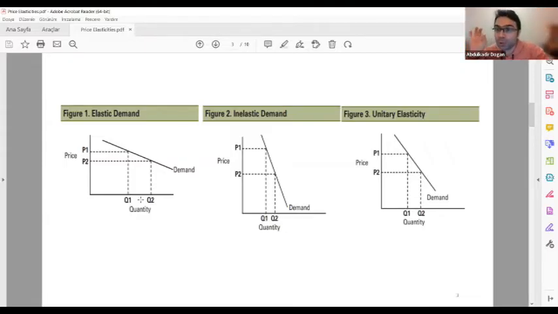This is a good that is not necessary for me. If the price changes a little, I can change my demand hugely for this product, because my demand is elastic.